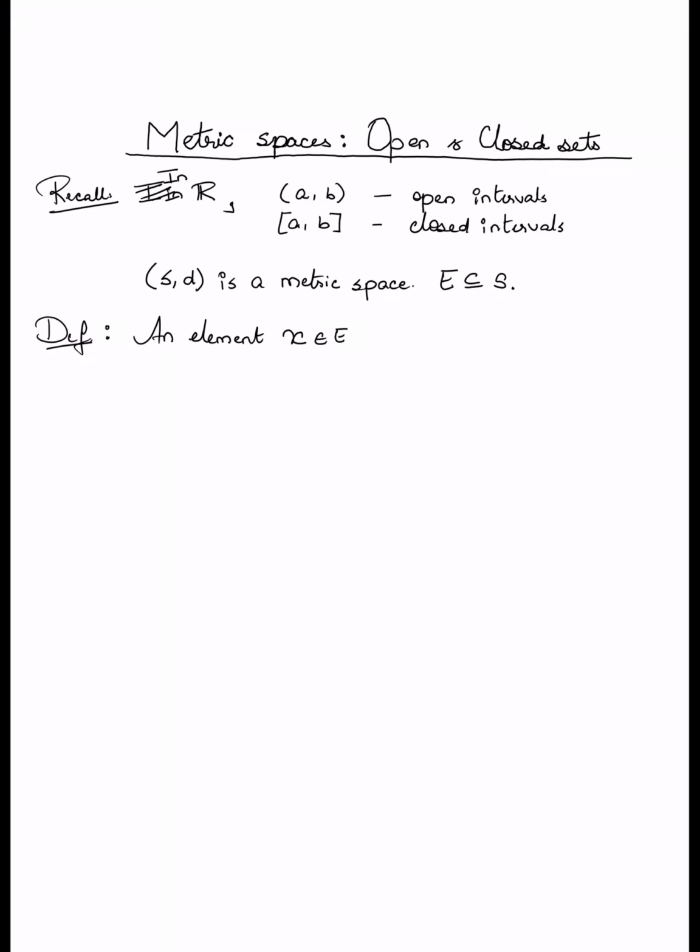For any element x that belongs to E, which is a subset of my space S, we say that element is interior to E if the following is true: if there exists some positive real number r such that this set is contained in E. So let's interpret what this means.